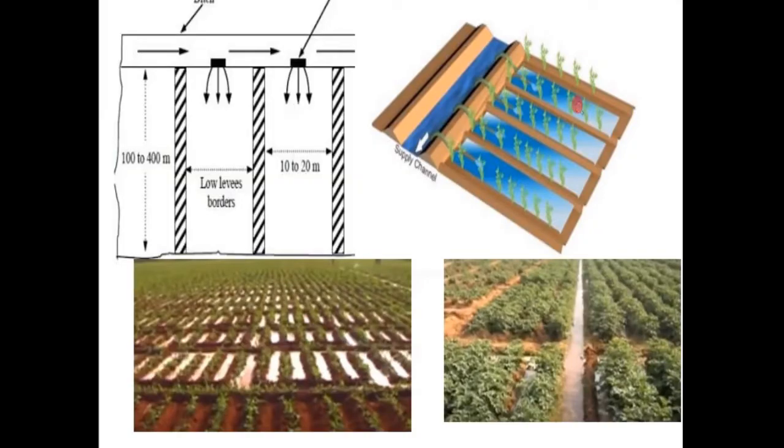The disadvantage is that there is greater loss of water by surface runoff and deep percolation, and a larger requirement of water per unit area. Likewise, water is lost in infiltration and deep percolation.